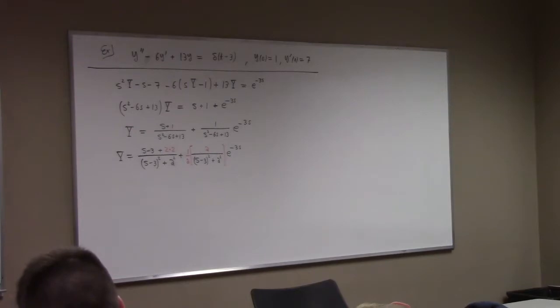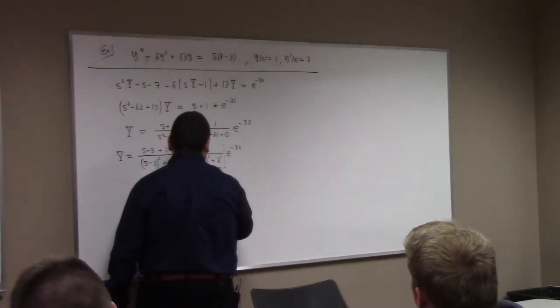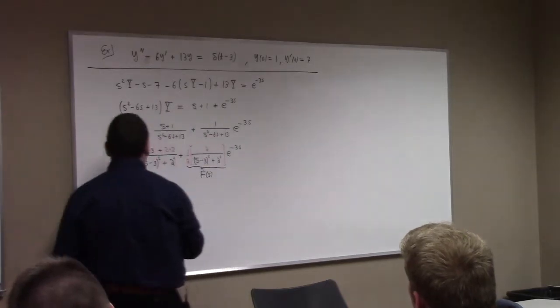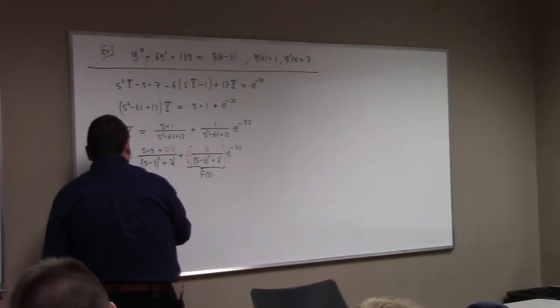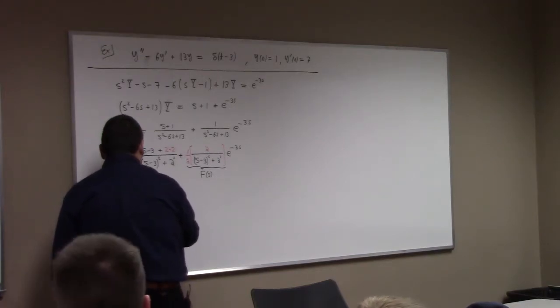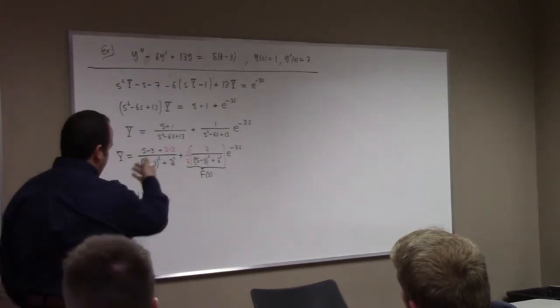All right, so let's give this a name. Let's call this whole deal F of s again. All right. And so what's y? The inverse Laplace transform of big Y, right? And from the first term, what do we got?